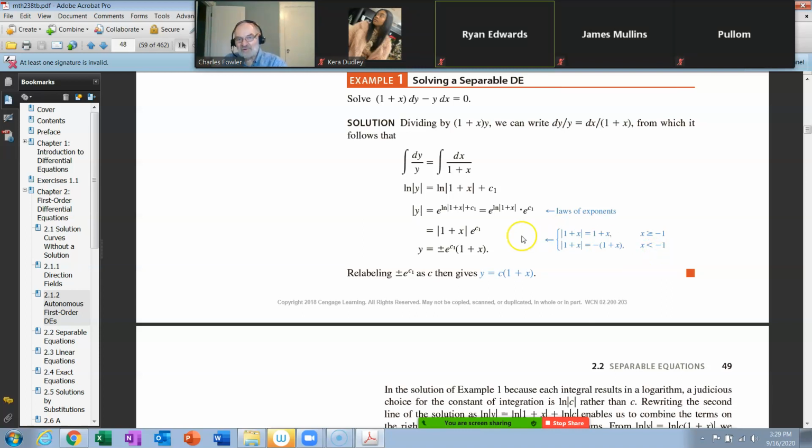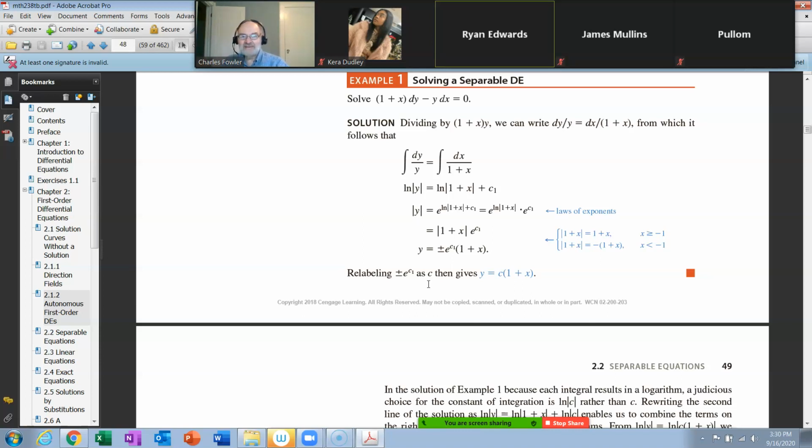That's the nature of the absolute values. But if you just let that plus or minus e to c 1 be some constant c, you can just incorporate the plus and minus in there, whatever you need for the problem to work. So you can lose the absolute value bars.